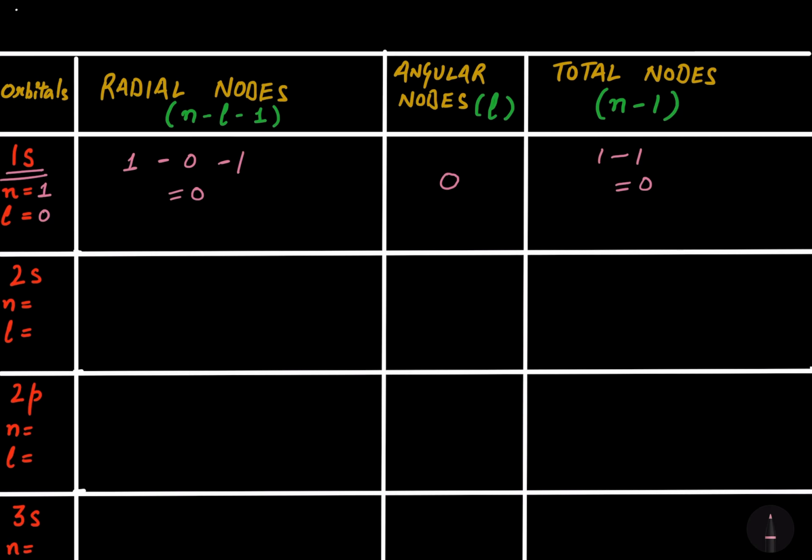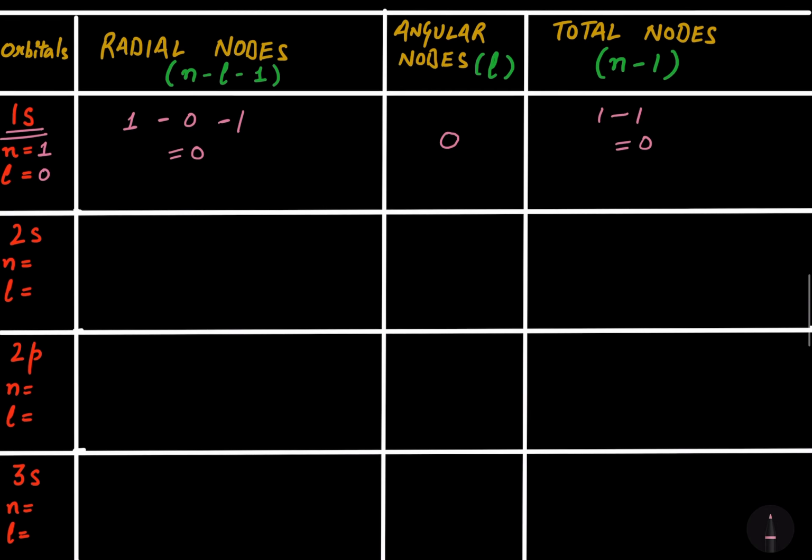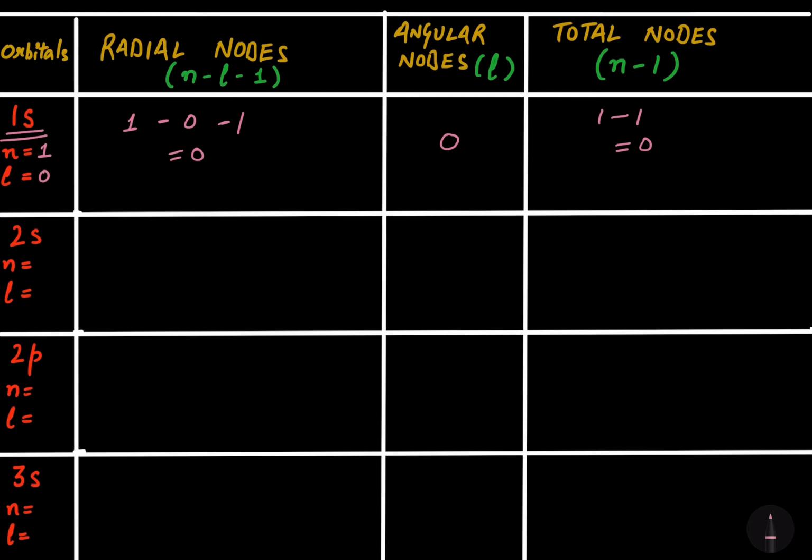Now let's calculate for the 2s orbital. In case of 2s, our principal quantum number n is equal to 2 and s represents the value of l to be 0. So the radial nodes formula will be n minus l minus 1. What's the value of n? It's 2. What's the value of l? It's 0, minus 1. So it comes out to be 1.